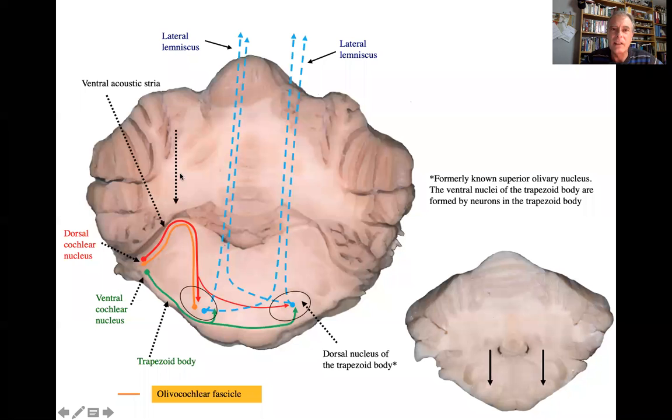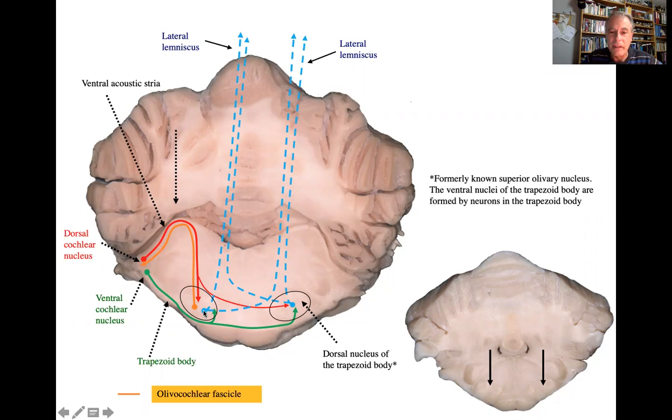Right. This is a scheme that I think it will help you understand. Okay. So fibers from the dorsal cochlear nucleus, they go inside, they form the acoustic stria right here. This is important area. And then they go down, and they reach the dorsal nucleus of the trapezoid body. Okay.